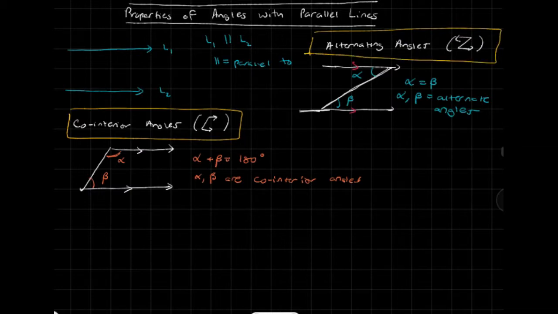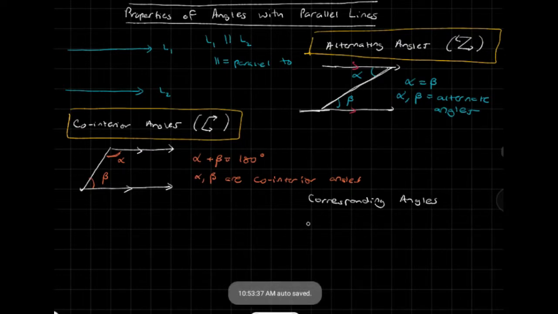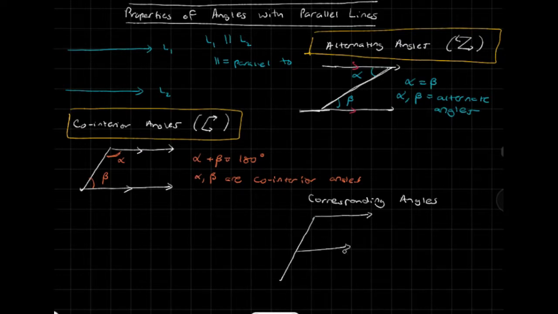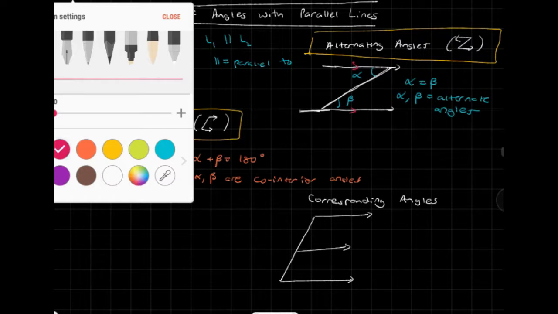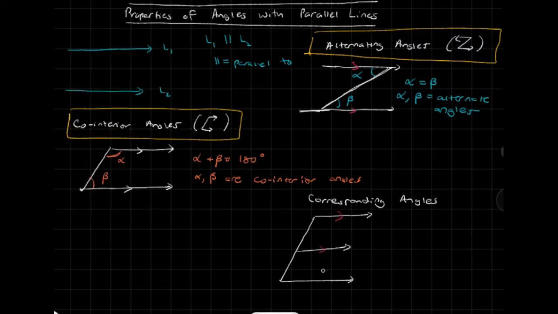Okay, and another example are angles called corresponding angles. Okay, and corresponding angles, so let's say that we had three lines like that, and then let's say that these three are parallel. So this is parallel to this, and this is parallel to that, right?